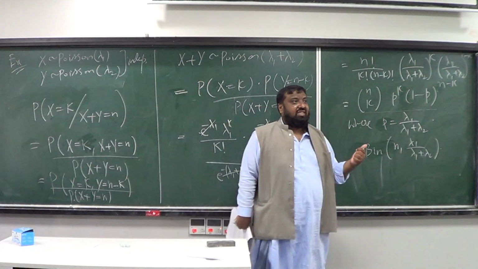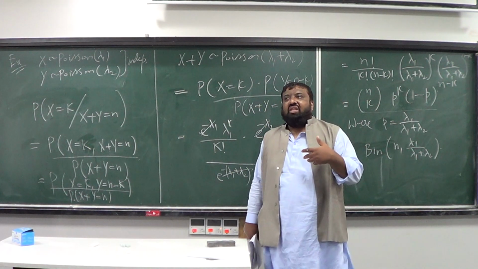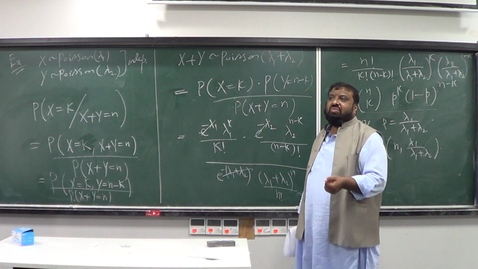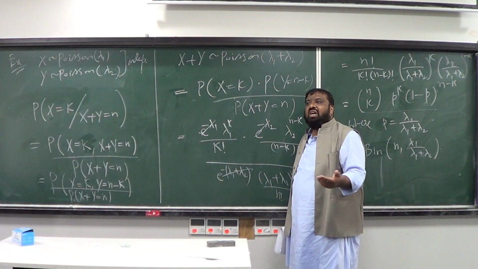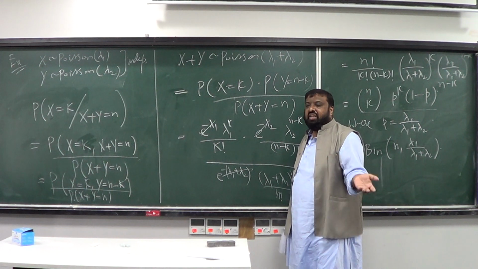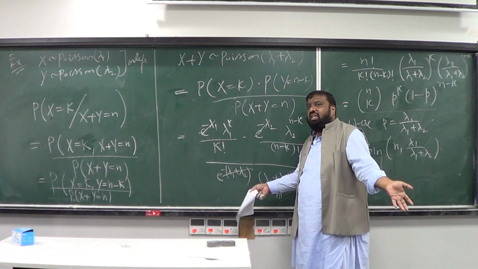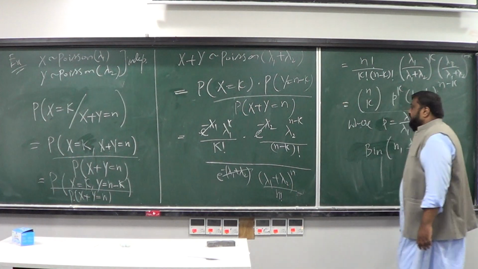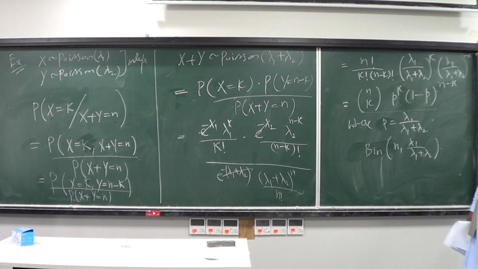So it's like asking in how many ways we can have k successes out of n, or what is the probability that we're going to have k successes out of the n games actually. So it really intuitively meets with the binomially distributed random variable.